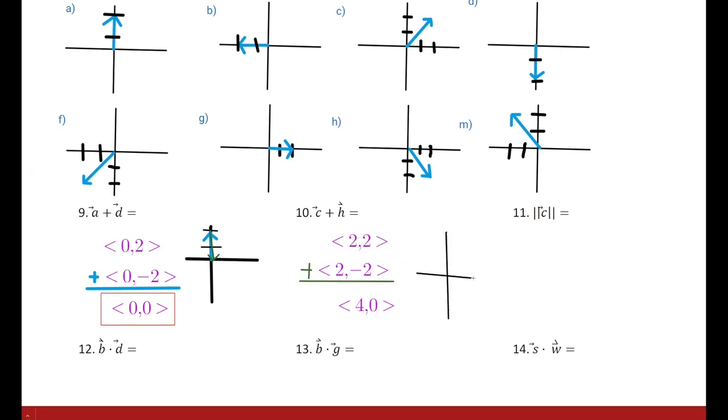Here's what that would look like on a graph. The first one would be 2, 2, so its terminal point would be exactly there, 2, 2. And then when I add the second one, I'm going to start at the endpoint, like at the head of this other vector, and use that as the tail of the second vector, and move 2 units to the right and 2 down.